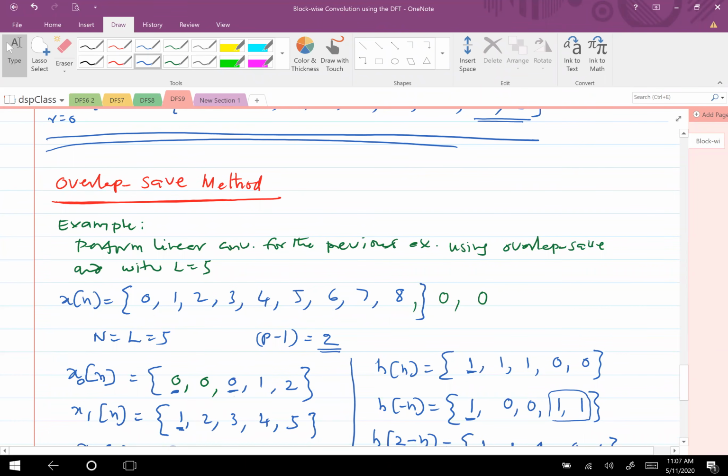Then the next method is the overlap save method.